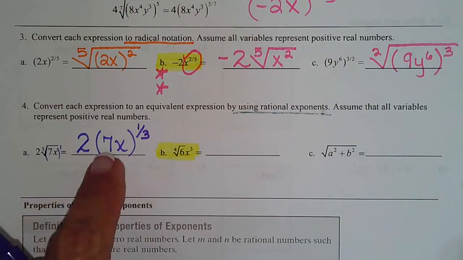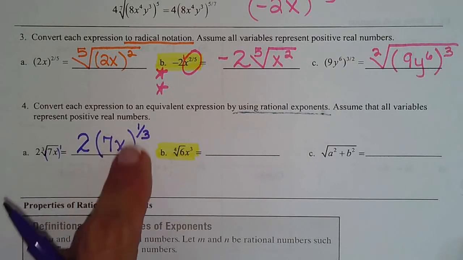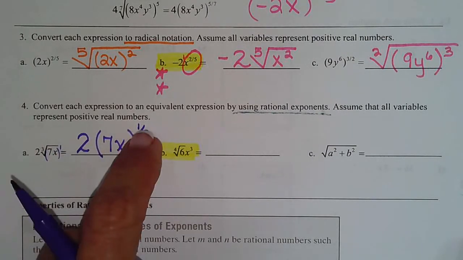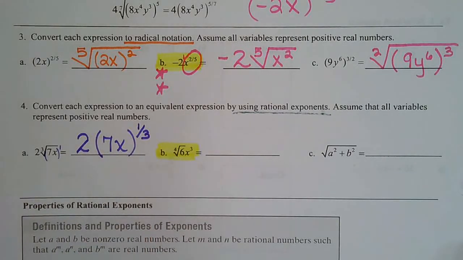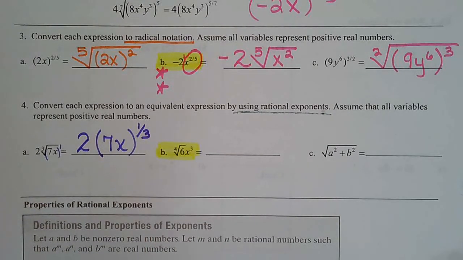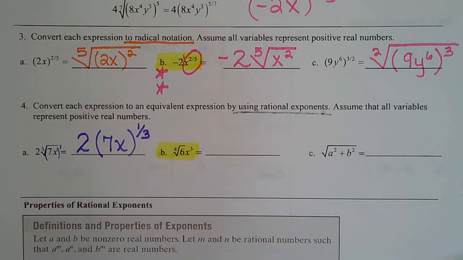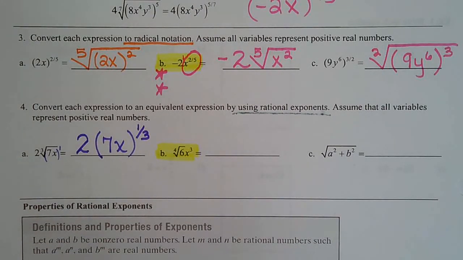Since all of this is under the radical, I put it in parentheses. Its power is 1. That goes in the numerator. The index goes in the denominator. So go ahead and try the next 2. Turn off the video, try the next 2, and see if you can get those.